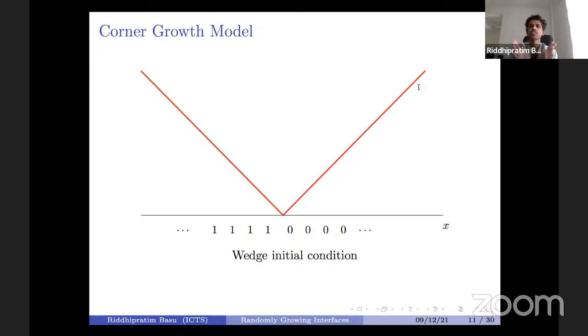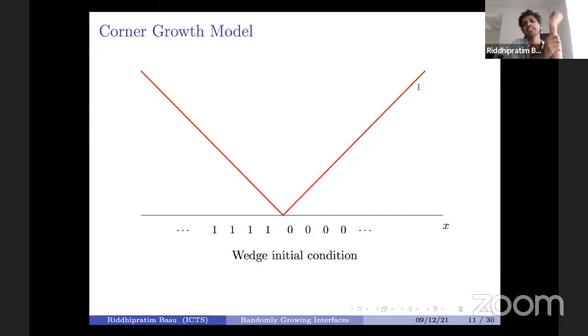Of course, all these very complicated mechanisms, we don't really have any way to model in a tractable manner. So we're going to stick to much more simplified models of random interface growth. One of these models, which we'll pretty much stick to for the rest of the talk, is called the corner growth model.